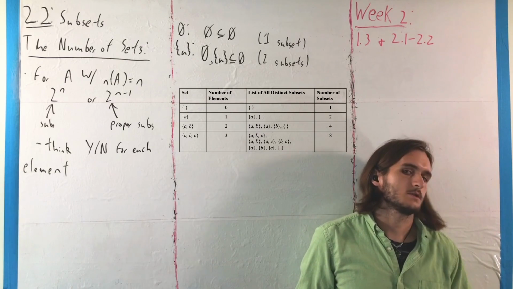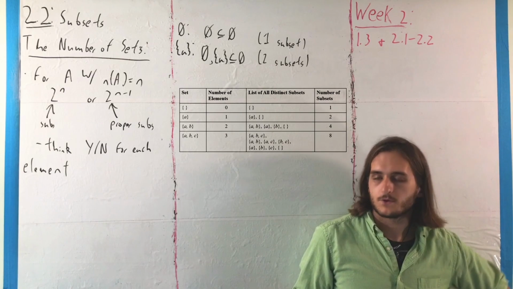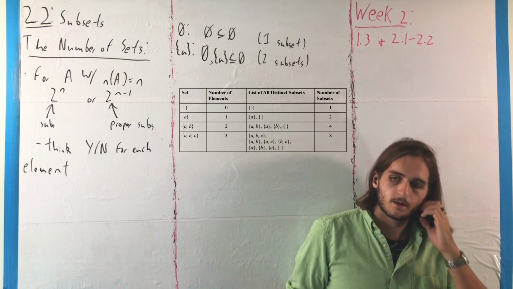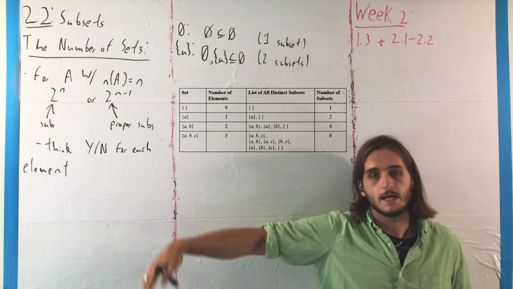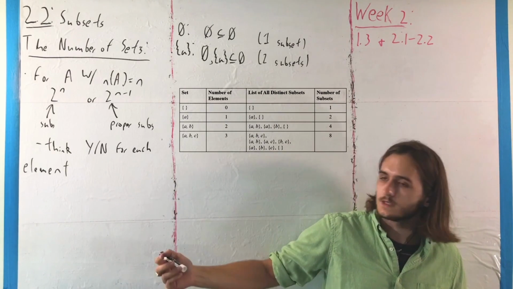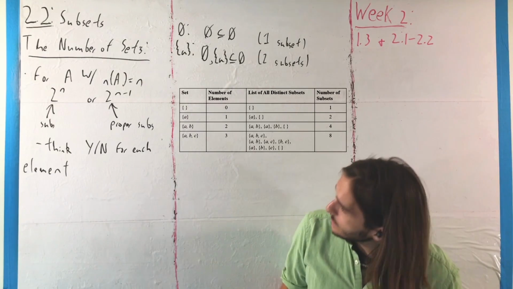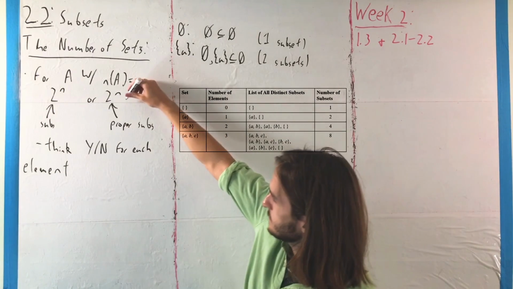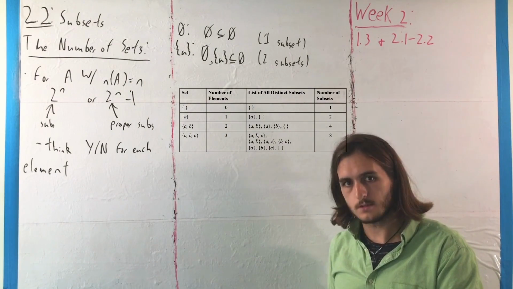Again, this is another thing that we'll talk about in a bit more detail later, as we get further on in the semester, but the main thing to know here is that when we're determining the number of subsets, we can think about that in terms of very simple binary yes, no, 1, 0 choices, where we have n of them for a total of 2 to the n, or 2 to the n minus 1, potential selections.